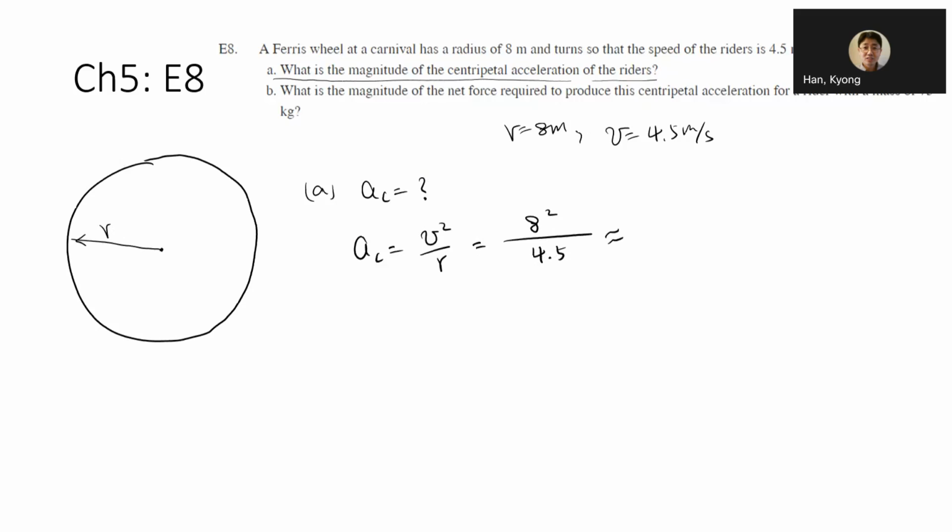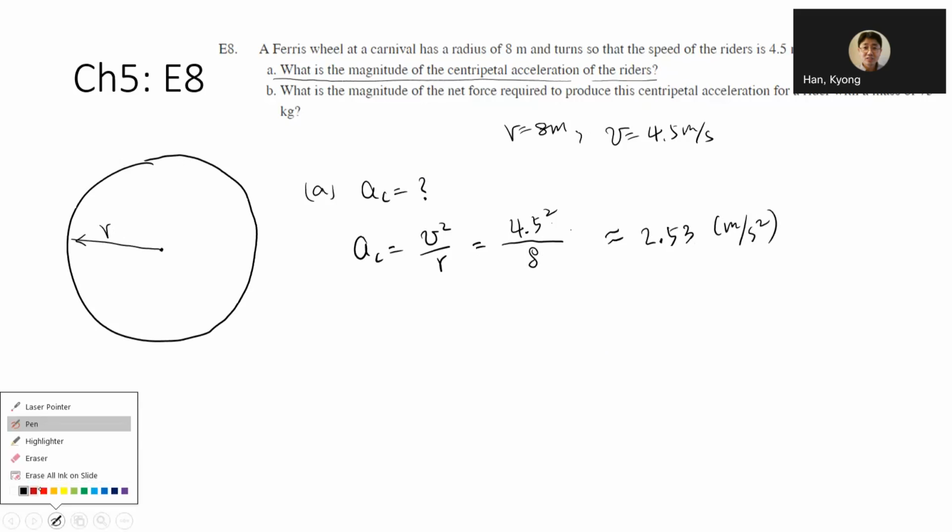Once you calculate this, it is about 2.53 meters per second squared. This is the answer for question A.